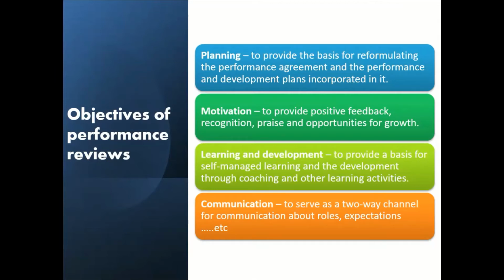If a particular employee's performance needs further improvement, then we have to send the employee through a learning and development process. So the third objective of performance review is to link the performance of the employee with learning and development.